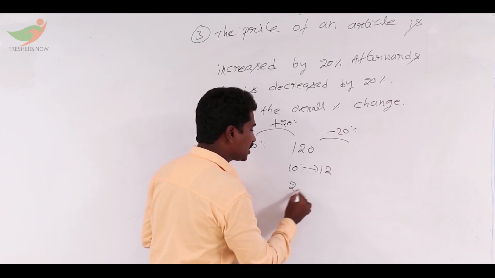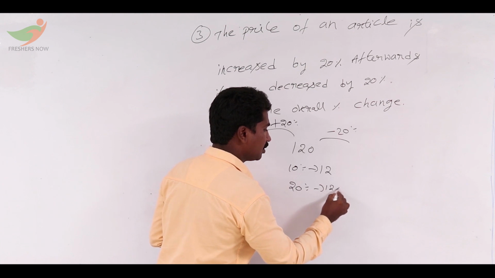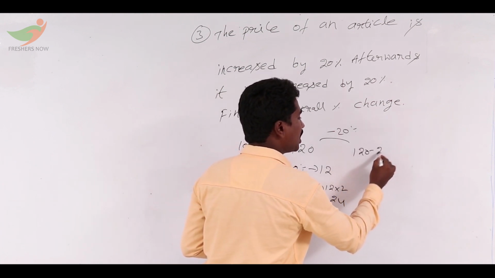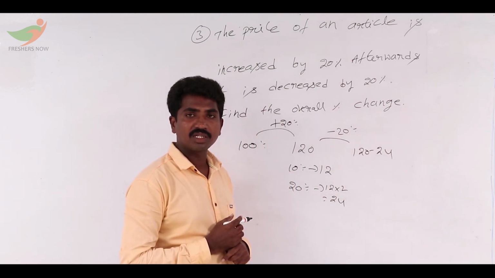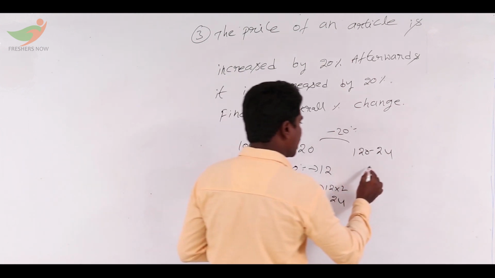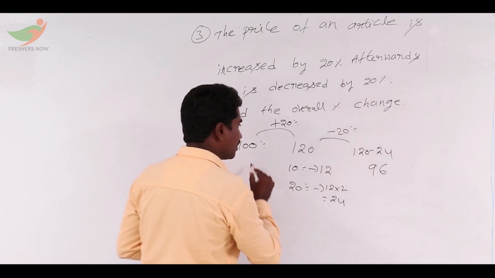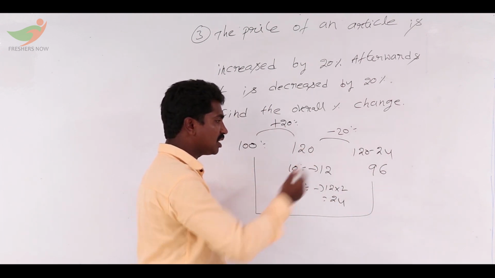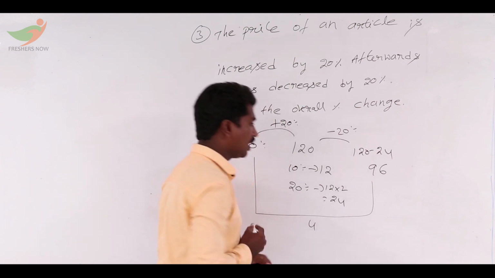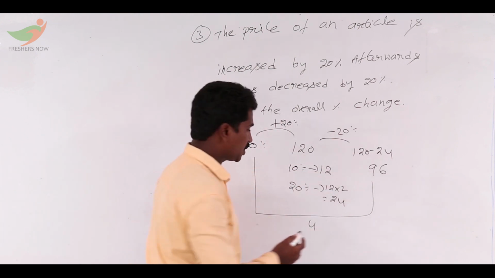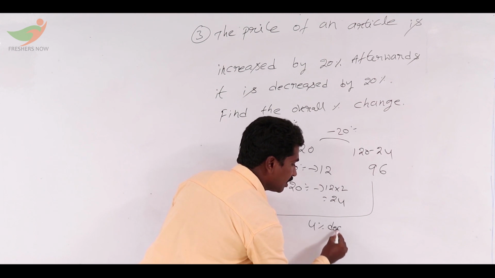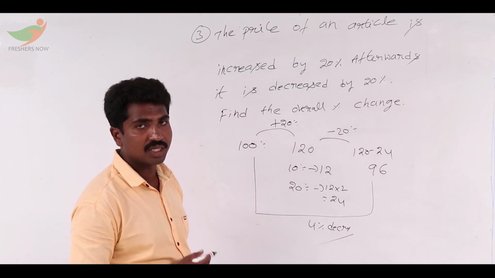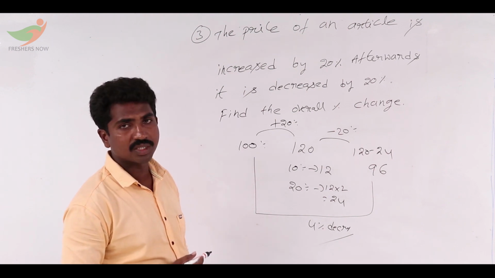Here 20% value is 12 twos are 24. So 120 minus 24 is 96. The difference between 100 and 96 is 4 and it is decreased. So it is decreased by 4%.